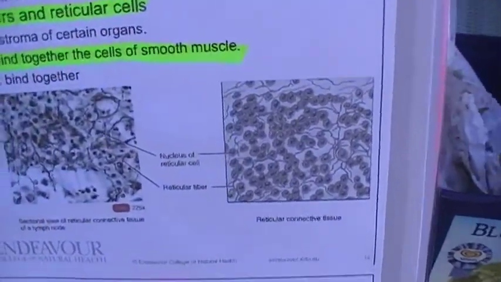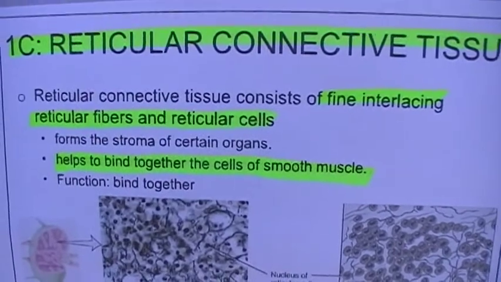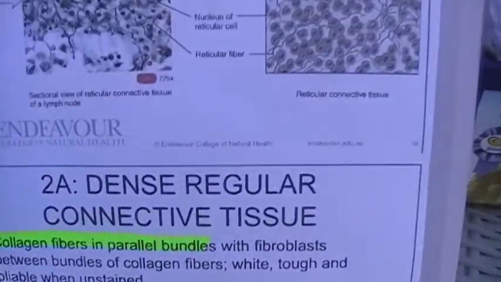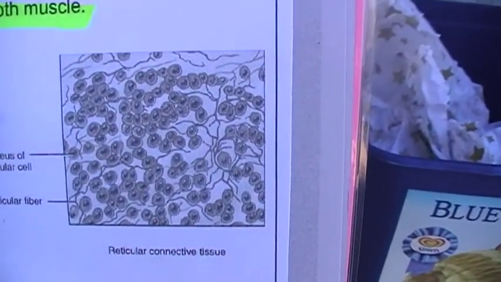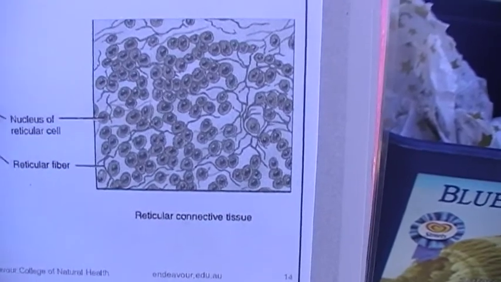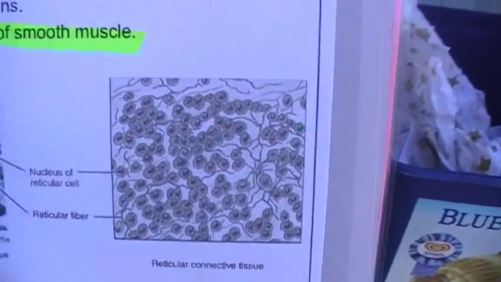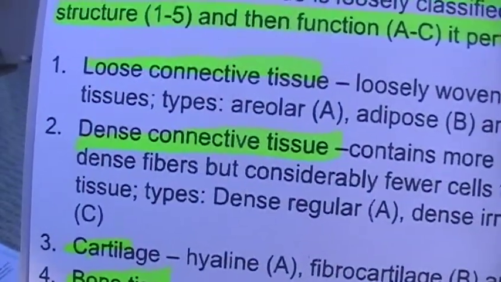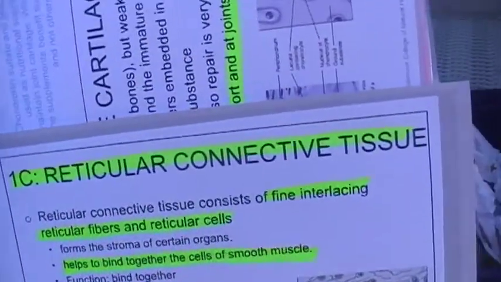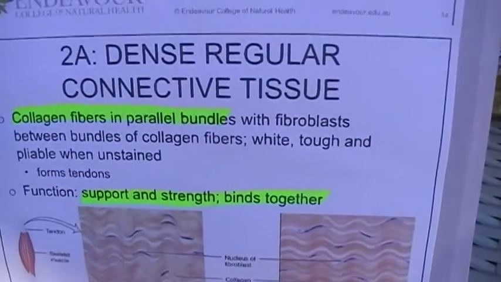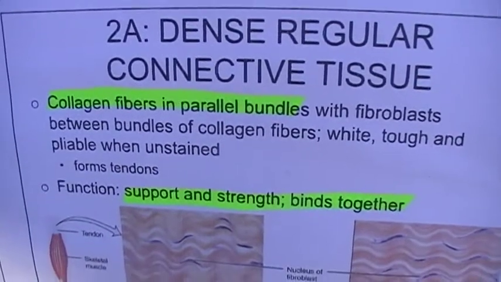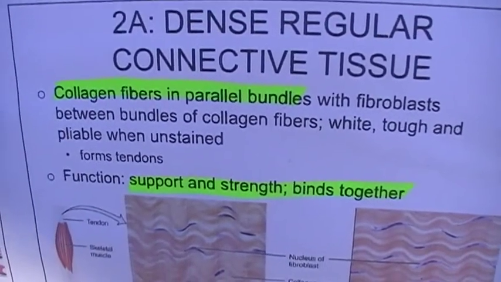Reticular, which is loose connective, helps to bind together the cells of the smooth muscle. It has reticular fibres and reticular cells. Then we go on to the dense connective tissue. The dense regular connective tissue has parallel bundles of collagen fibres.